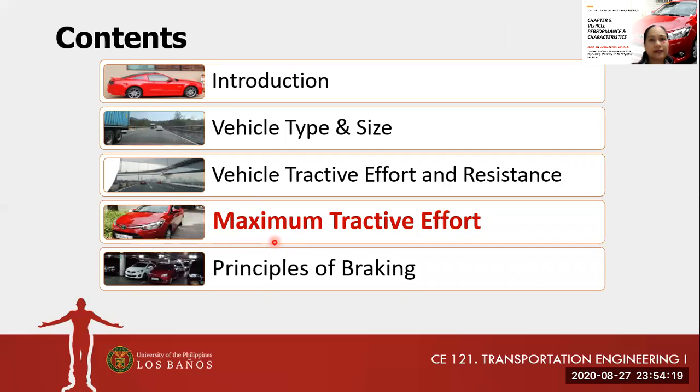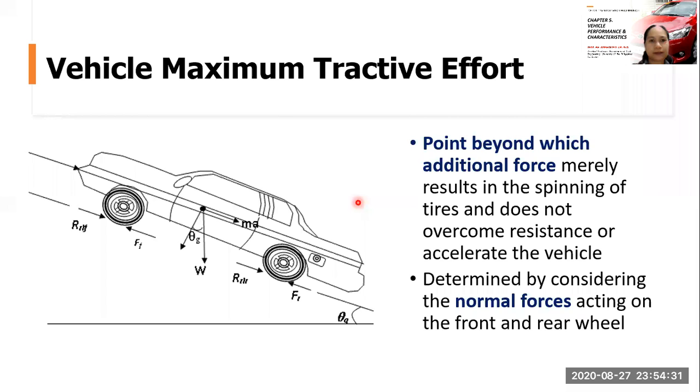The next part of our lecture is on the maximum tractive effort. So what is this? Okay, the maximum tractive effort is the point beyond which additional force merely results in the spinning of the tires and does not overcome resistance or accelerate the vehicle.